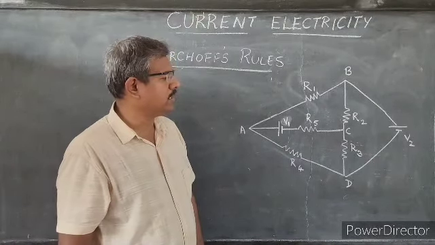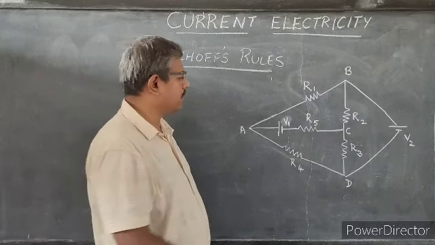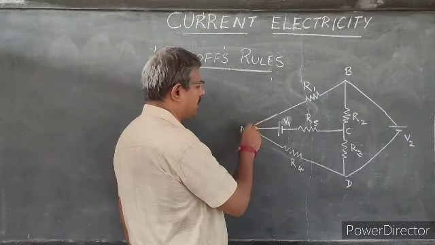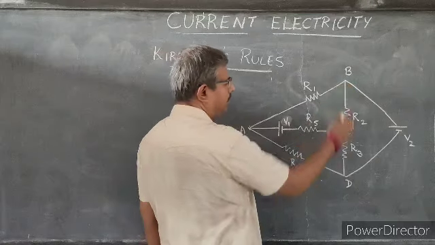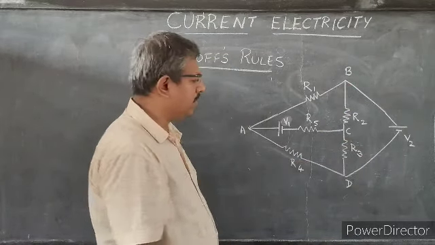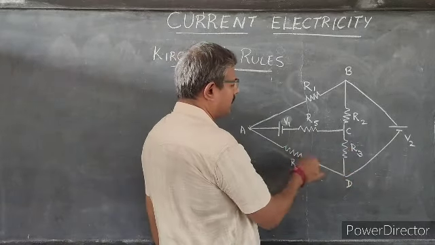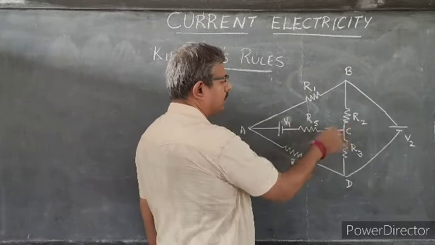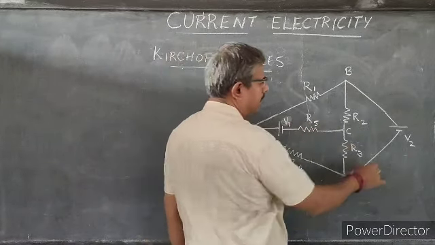The moment you see this, you can notice that there are several junctions. One is junction A, there is junction B, junction C and junction D. Similarly, there are 3 loops: first loop, second loop and third loop.